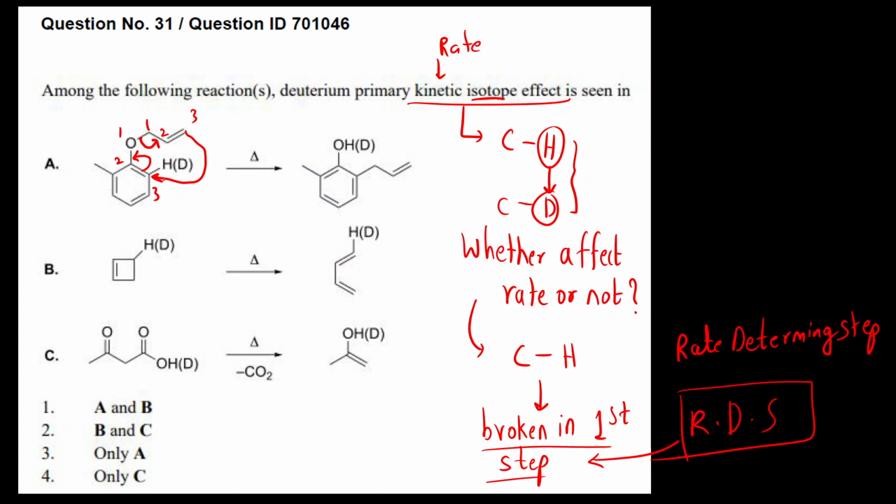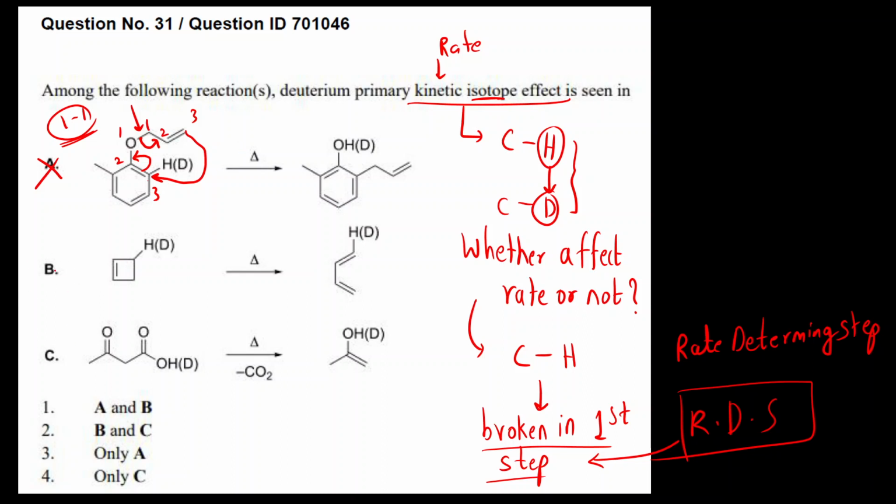So you can see, is this bond getting broken? No. This CH bond that was mentioned does not get broken in the first step. So this will not show a kinetic isotope effect. Only one bond is broken in the sigmatropic reaction; the rest is rearrangement.